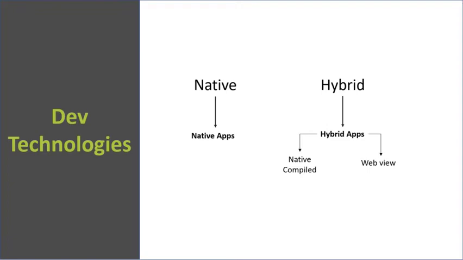The hybrid apps can be classified into two subcategories, that is the native compiled apps and the web views. The native compiled apps are actually applications that run like native and can access the device features and device sensors, while the web views are just websites that are packaged and released as apps, but actually run on the web view.